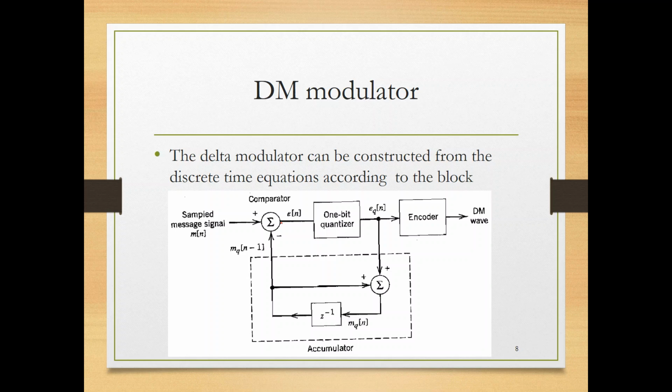It's the same here. And this results in a 1-bit quantizer, and then you take the previous value here and feed it back, delay it by 1 unit of time, and then take it to the comparator to take the second value, and so on and so forth. Basically, this block diagram represents the process in which you generate your delta modulated signal.